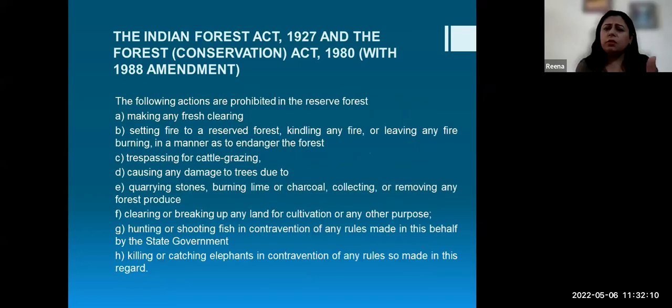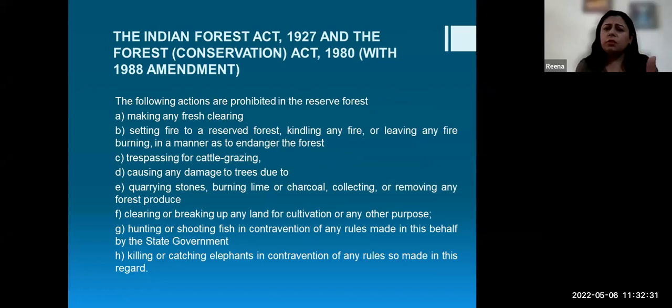So the following actions were prohibited in the reserved forest: they cannot make a fresh clearing. They cannot deforest any area without prior permission from the state level and central level bodies. They cannot set fire to a reserved forest, kindle any fire or leave any burning.